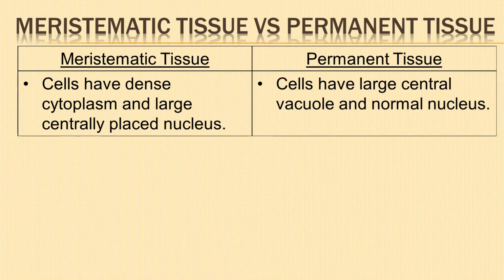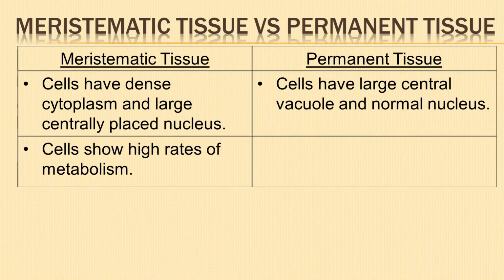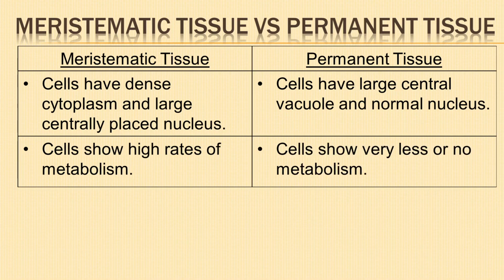Cells of permanent tissue have a large central vacuole and normal nucleus. Meristematic tissue cells show high rates of metabolism. Cells of permanent tissue show very less or no metabolism.